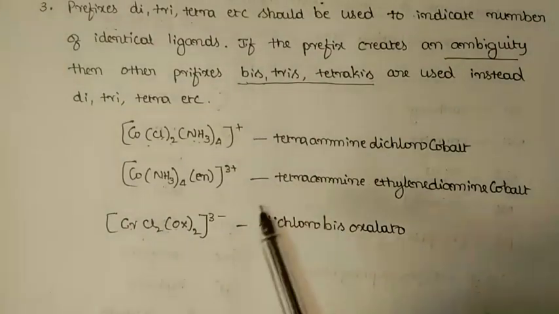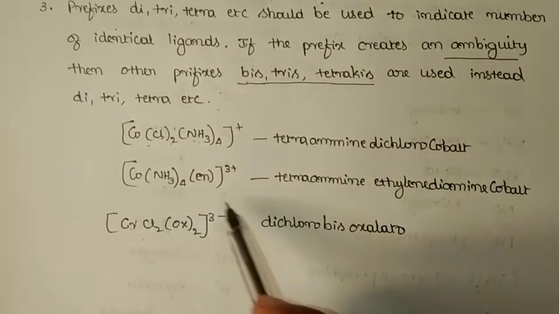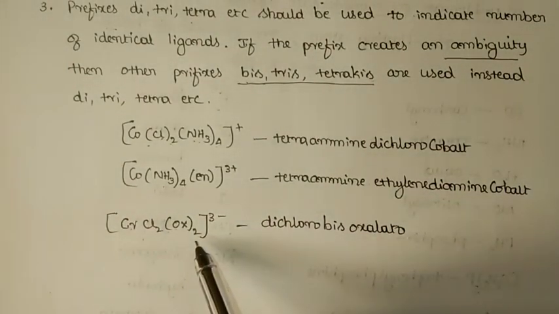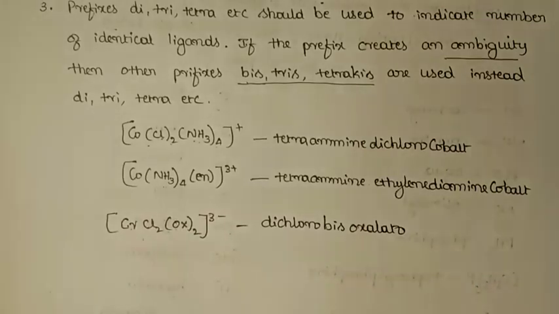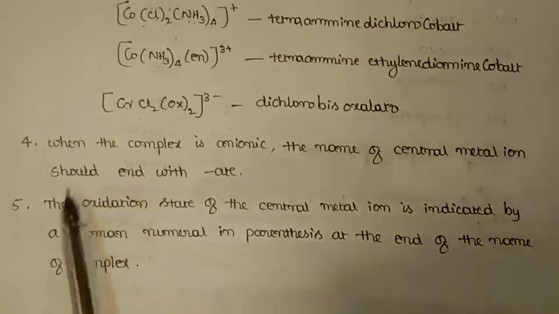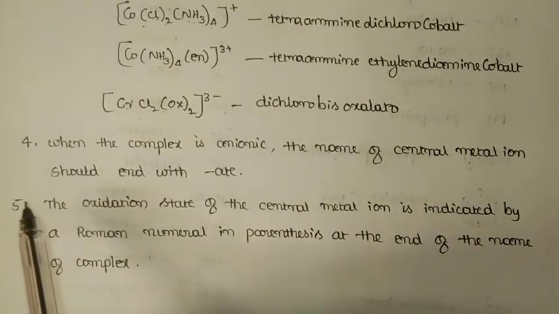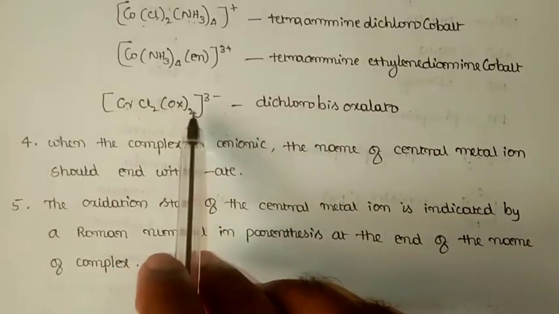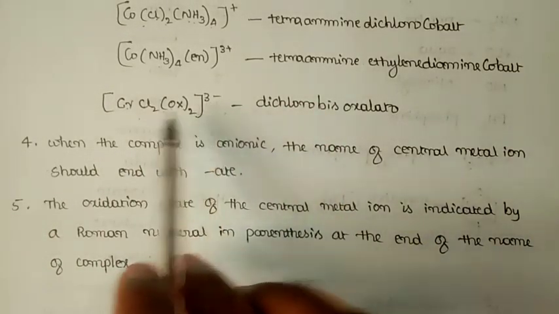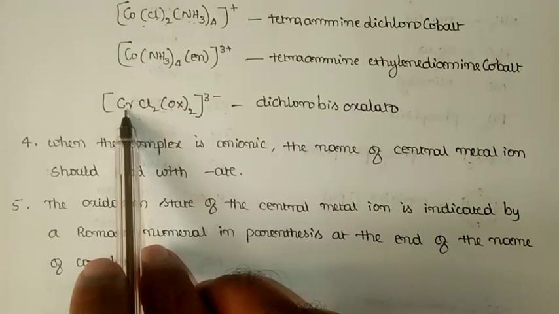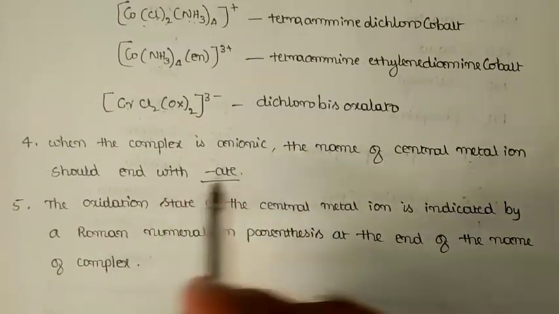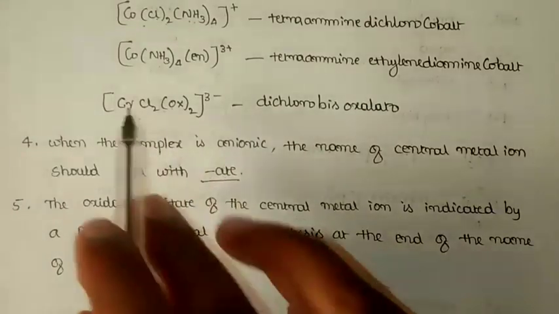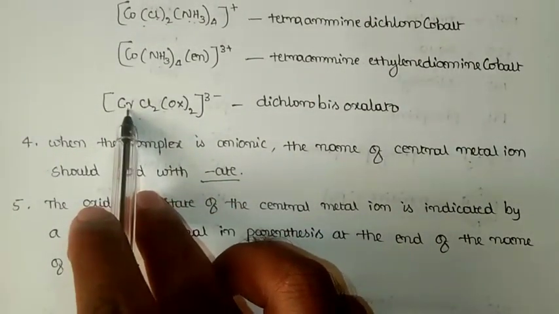When the coordination sphere is a complex anion, then the condition will change in giving the name of the central metal ion. That is the 4th and 5th rule. When the complex is an anion, then the name of the central metal ion is supposed to end with the suffix ate. So we should attach the suffix ate to the name of the central metal ion.